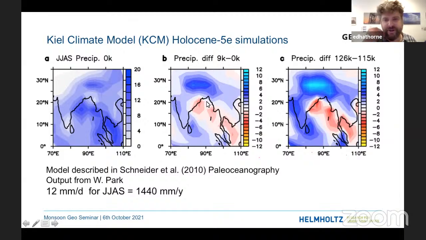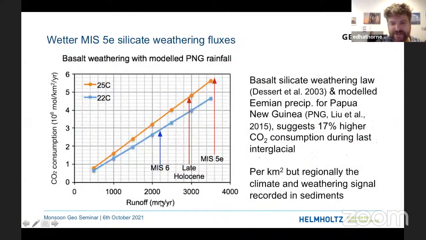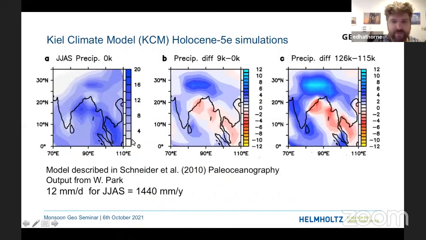The increased insolation at these times is driving an increase in monsoon rainfall over the region, an extremely strong increase in the case of the Eemian. This is some 12 millimeters per day for the summer monsoon season, almost 1,500 millimeters per year. You think about that on this scale, and we could really be changing silicate weathering by a significant amount in this region if this was the case.